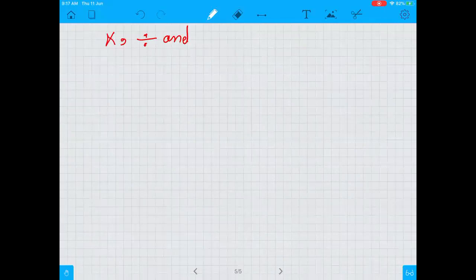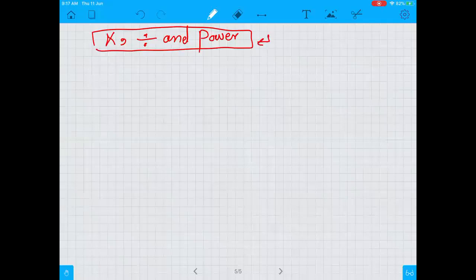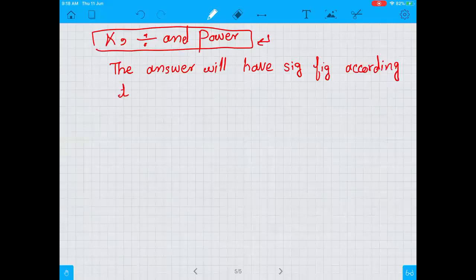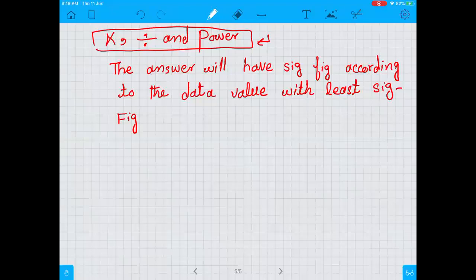So when you multiply, divide, or go for the power of a number, then the rule is that the answer will have significant figures according to the data value with the least significant figures.